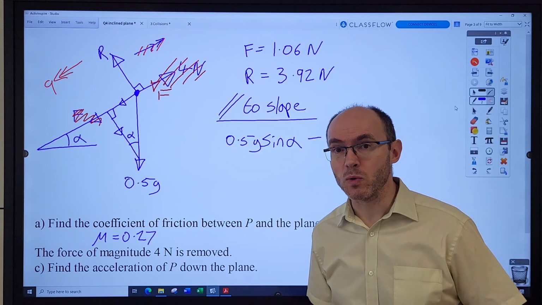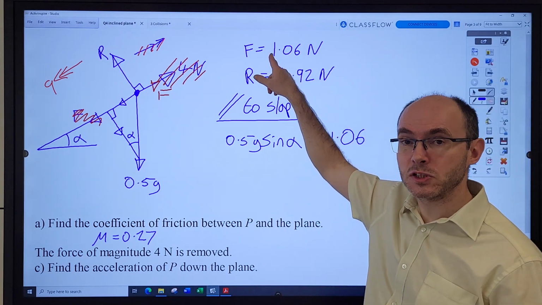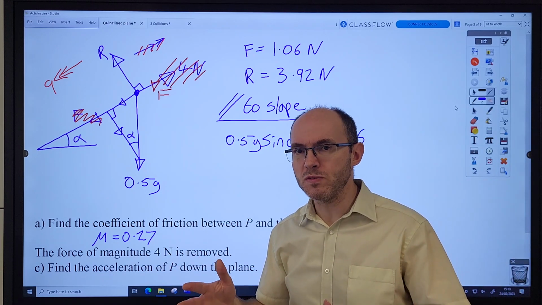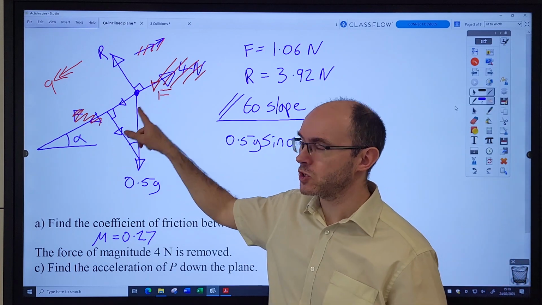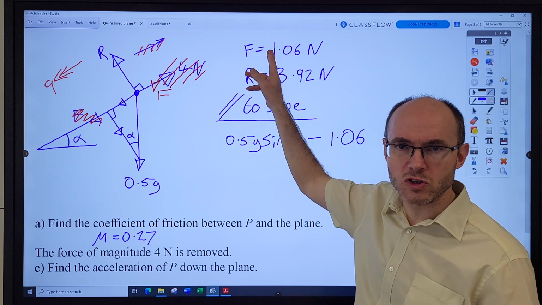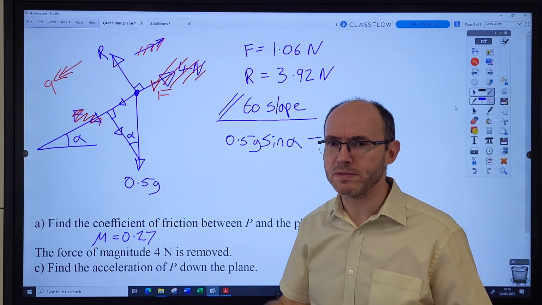Friction doesn't change, by the way, because remember, this is the maximum value of friction found when it is on the point of slipping. Once it actually moves, the frictional force is always at its maximum. Because the surface has not changed, the normal reaction has not changed, so the frictional force has not changed either. Throughout the question now, the value of F to use is 1.06.